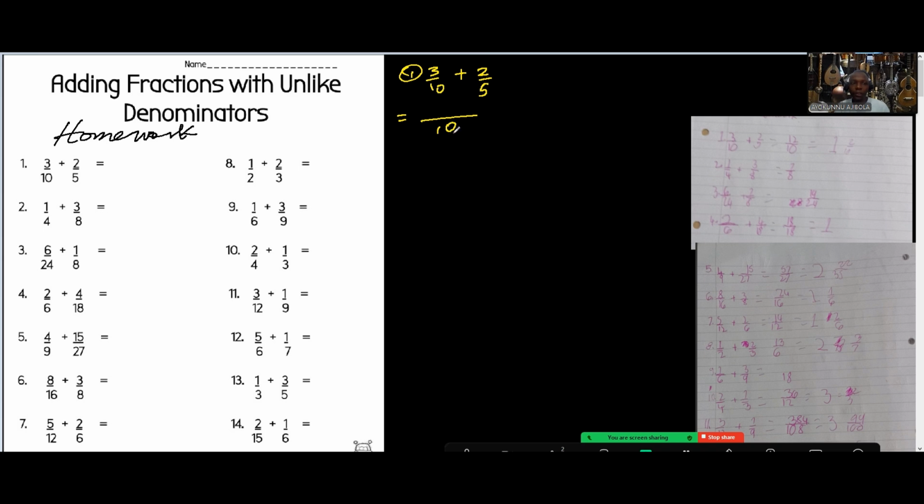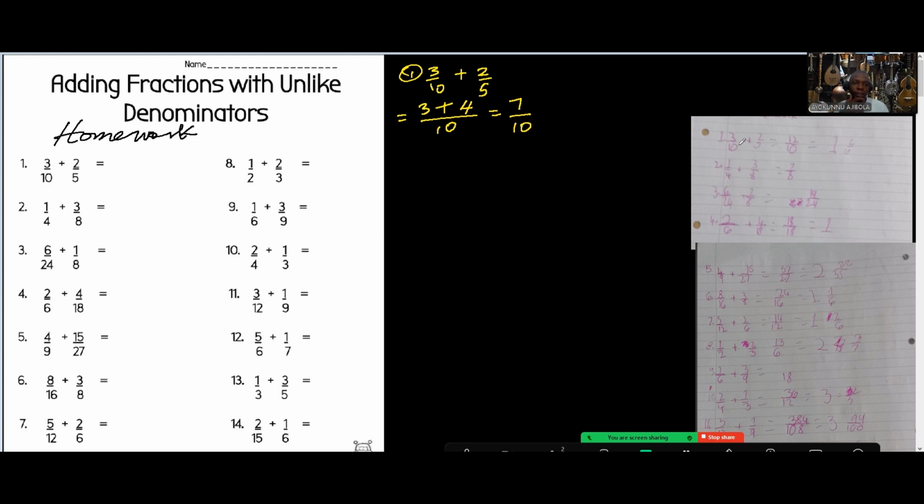Then 10 in 10 is 1, and 1 times 3 is 3. While 5 in 10 is 2, and 2 times 2 gives us 4, right? Okay. So 3 plus 4 gives me 7, and this is over 10.